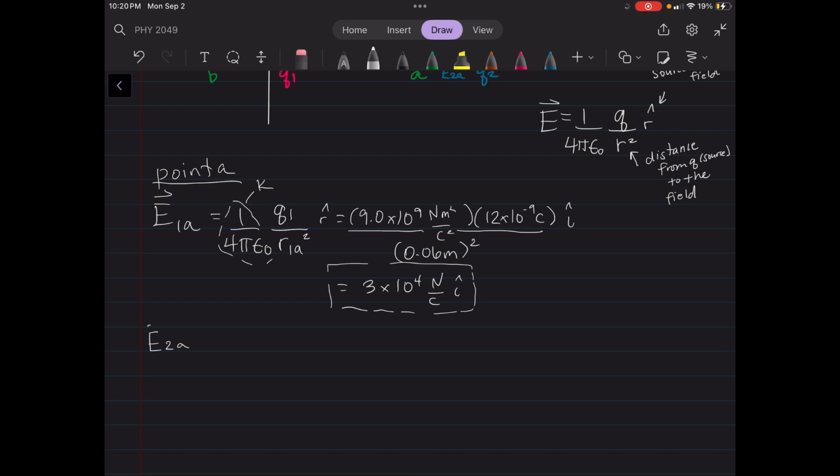E2A, that's next. So 1 over 4 pi epsilon naught. Newtons per coulomb. I always do that. I love writing newtons per coulomb.